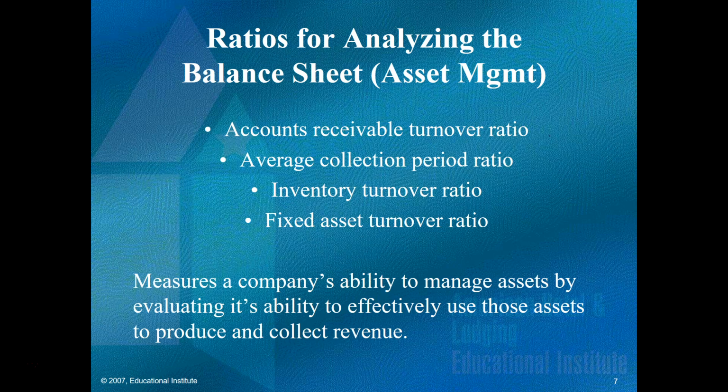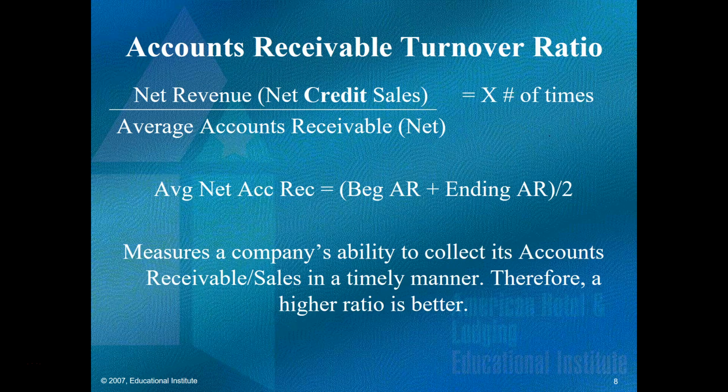Okay? So let's take a look at the accounts receivable turnover ratio. Now, before we look at the math, let's drop down to the bottom. It measures a company's ability to collect its accounts receivable or sales in a timely manner. Therefore, a higher ratio is better.